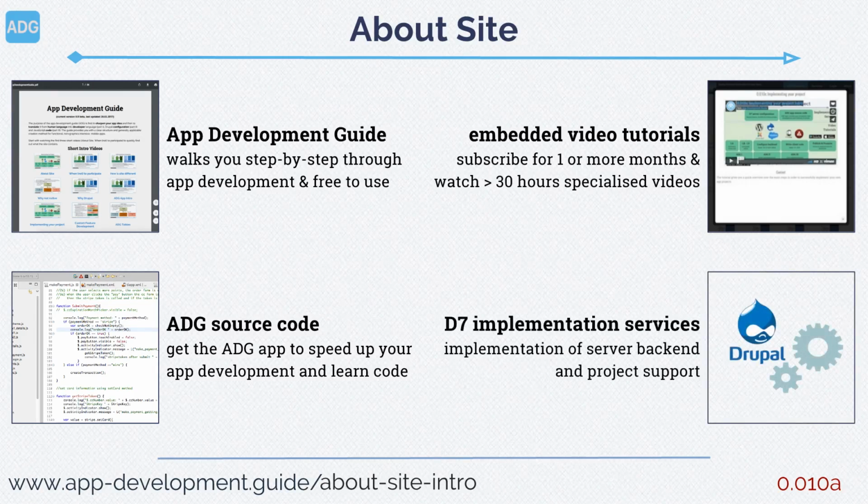And finally, one main element of the website is that we offer implementation services with Drupal 7. In particular, when you don't know how to implement something on the server, which is often the more difficult thing, we provide implementation services. You define, okay, we want this workflow implemented on the server, or this data query, or this basic feature setup, and then we configure your Drupal 7 server for this.